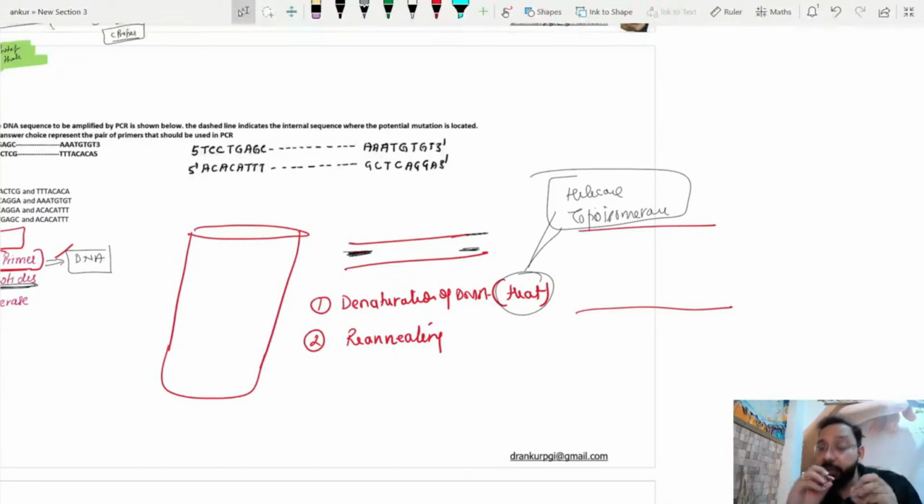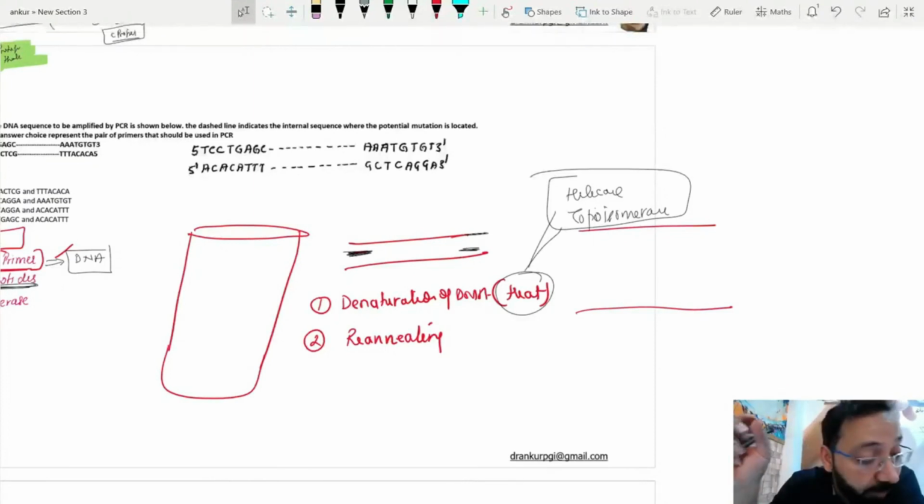These enzymes work in a sequence, but in a test tube we can't determine the sequence. That's why we want to take only one enzyme, and that would be DNA polymerase. All other enzymes will be compensated by other mechanisms, just like I compensated helicase and topoisomerase. That function is taken care of by heat.